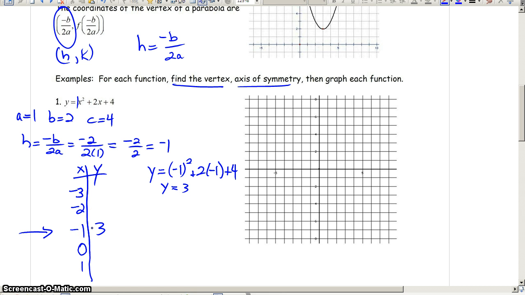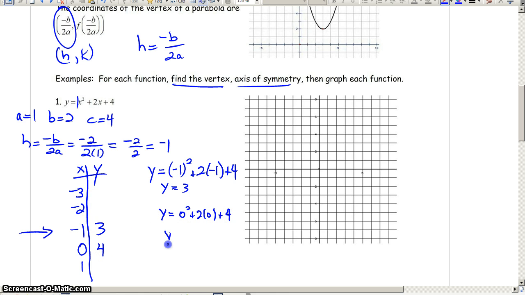You should get y to equal 3. Plugging in a 0, this is probably quicker to just work out without a calculator. You can see very quickly that at 0, your y value would equal a 4.